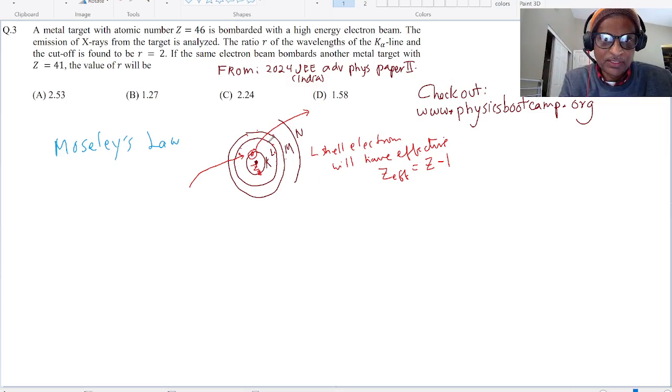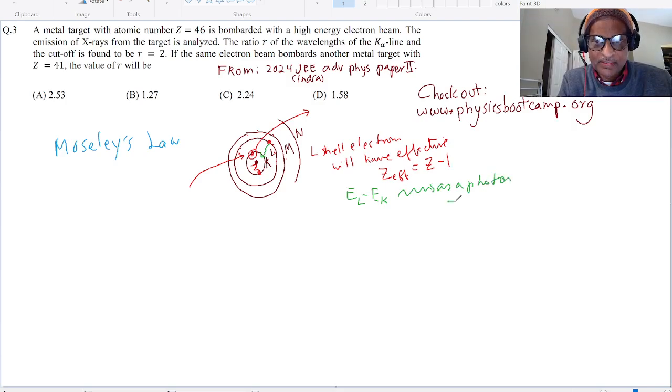If an electron is in this shell, it has to fall to the K shell, and this energy, EL minus EK, has to come out as a photon. This energy is in the X-ray range, and this is called the K alpha line in the X-ray spectrum.